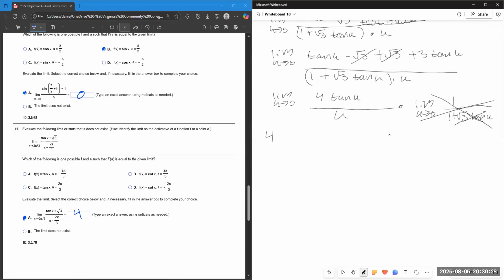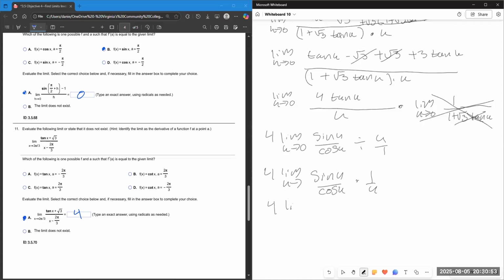So now let's deal with this piece that's remaining. Pull the 4 out. The limit as u goes to 0 of tangent, which is sine u over cosine u, divided by u over 1. So 4 times the limit as u goes to 0 of sine u over cosine u times 1 over u.